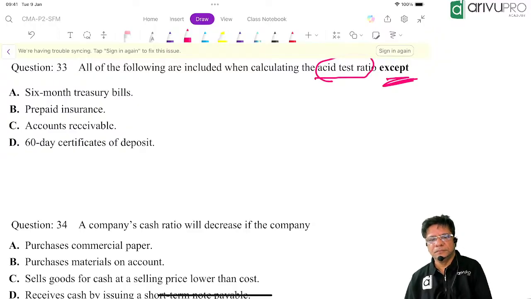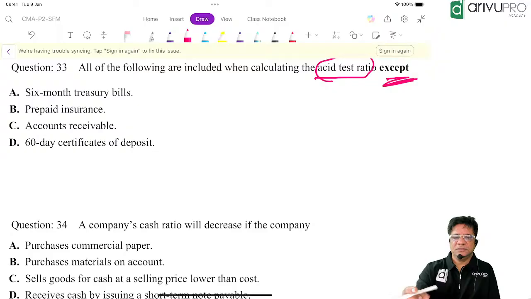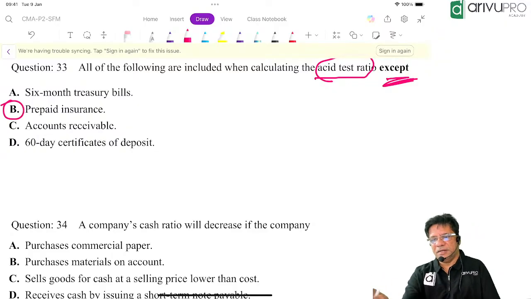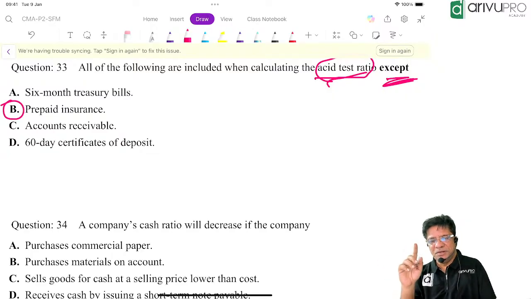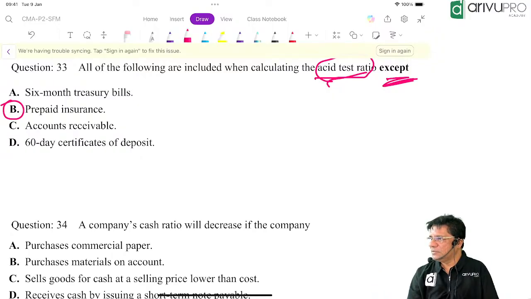Certificate of deposit is a short-term investment. Prepaid insurance, we don't include that in the quick ratio. Now this is an application question. Prepaid insurance comes in current assets, current ratio, not in quick ratio.